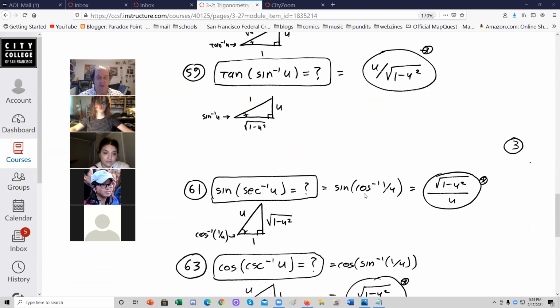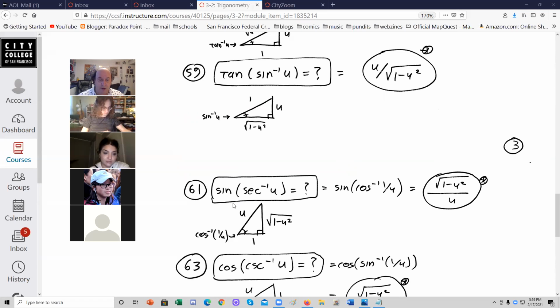Okay, now here we have sine of arcsecant u. Well, hold on. Arcsecant of u is arccosine of 1 over u. So here's a right triangle, with an angle of arccosine of 1 over u. So that's 1 for the adjacent and u for the hypotenuse. And then, oh no, oh dear, I have made a mistake.